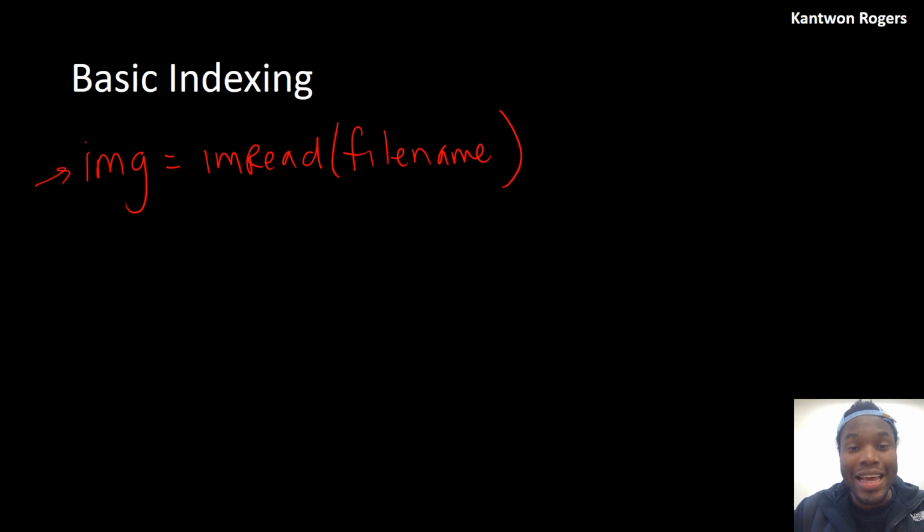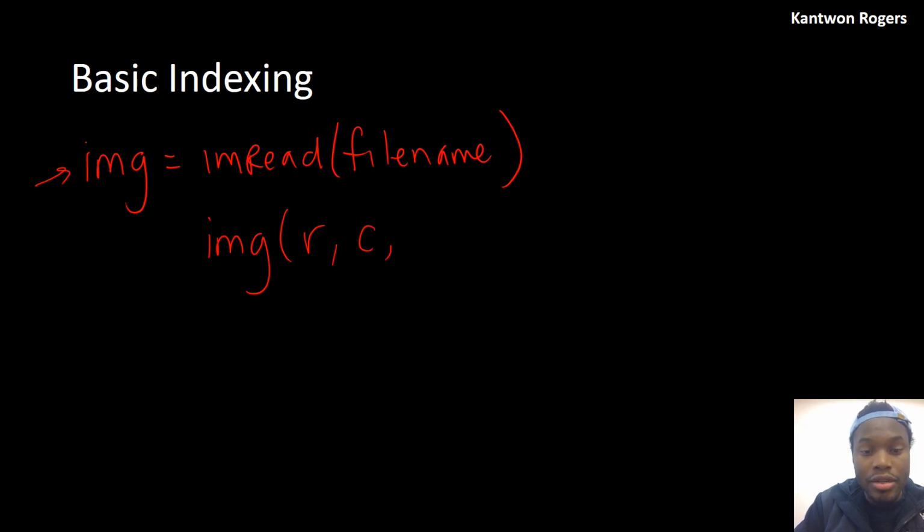If I wanted to index certain parts out of this image, the syntax for doing that is the same name of what you want to index, and the first thing you give it are your rows, the second is your columns, and then the new thing, we tell it the layers. So when we're dealing with images, we have to account for this.